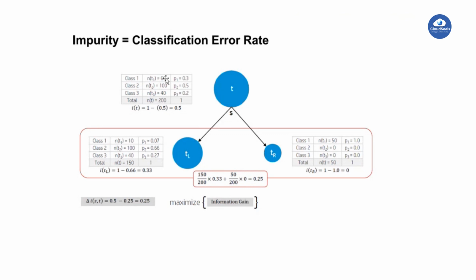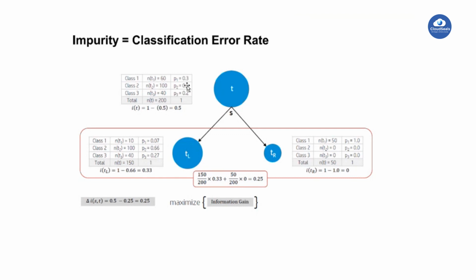Based on how many single, married, divorced, we will calculate the probability. For class 1 that is 0.3. In class 2, there are 100 data points, but we don't know how many single and so on. We calculate 100 by 200, that is 1 by 2, 0.5.